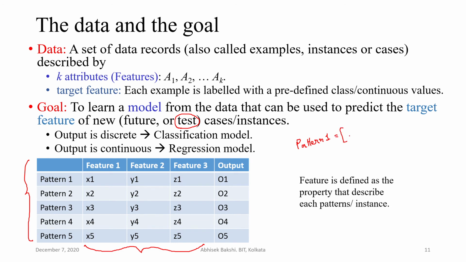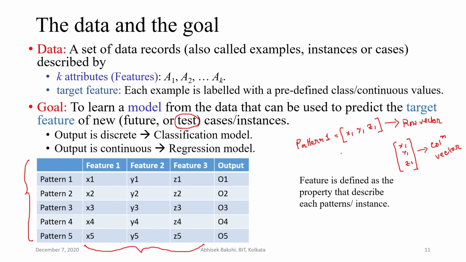It is a combination of x1, y1 and z1, which can form a vector. You can consider it in this way also. It is a row vector, or a column vector. That is the only difference, so you can express it in either form.